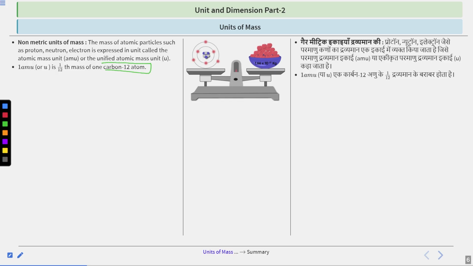Now the question will be, why do we only choose the carbon-12 atom? Why not any other atom? When we were defining the standards, we found that every element has different numbers of proton, neutron and electron, and it is hard to set a standard by considering them.